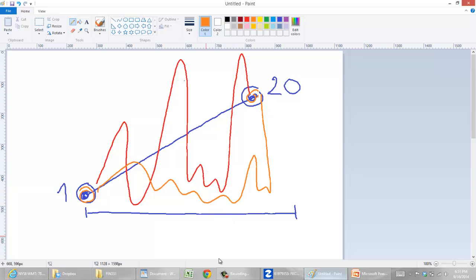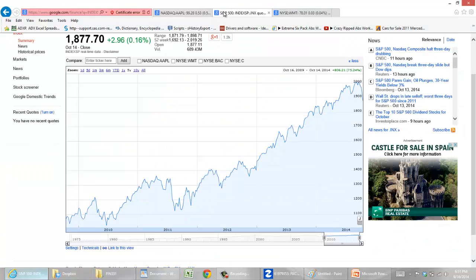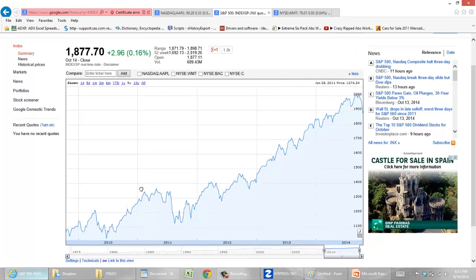Now let's look at the reality. Over here, I prepared a few stocks for you. First of all, it is the market in general. So here is a chart for the S&P 500 from late 2009 to 2014.